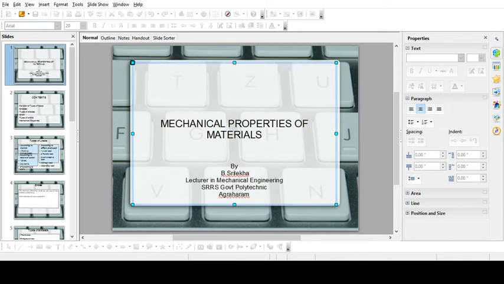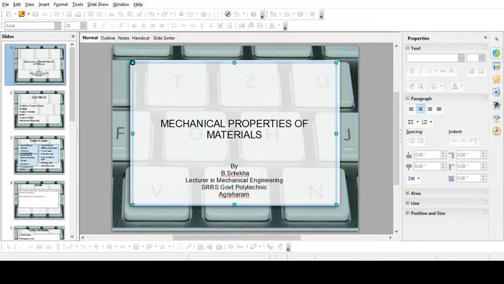So these are all the mechanical properties of the material. Let us once again remember. Today we have discussed the mechanical properties of materials. The behavior of these properties can be clearly pictured when a member is subjected to certain loads.